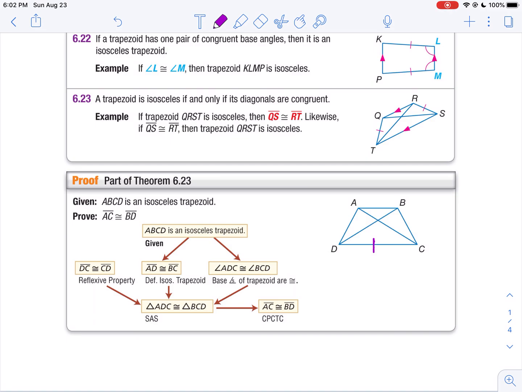We know, since it's an isosceles trapezoid, AD is congruent to BC. And then we have angle ADC is congruent because the base angles are congruent. And then what happens is we have side angle side for those two triangles. So AC is congruent to BD by CPCTC.